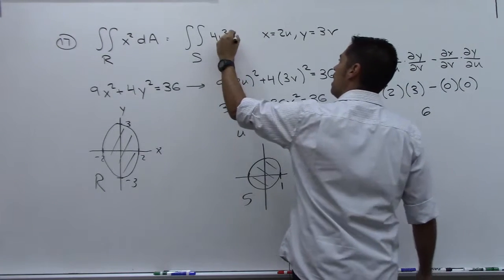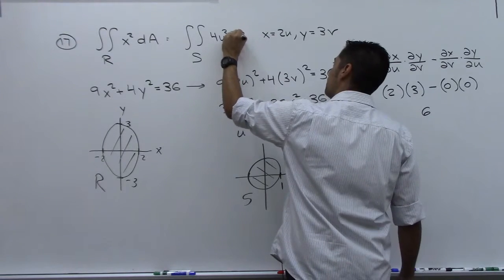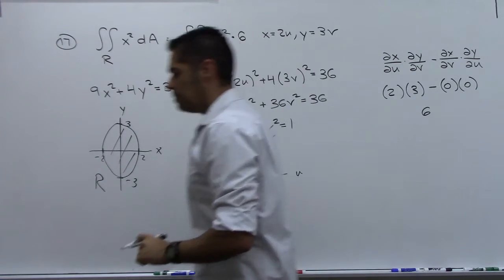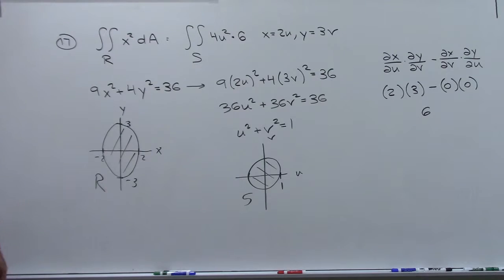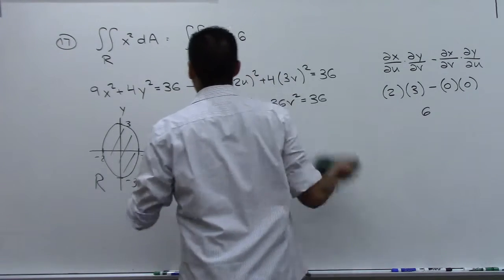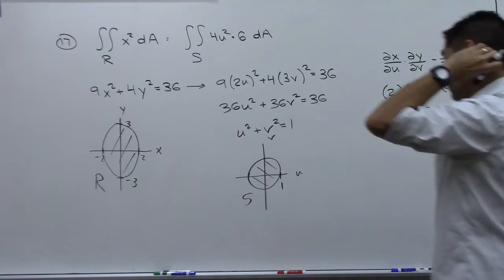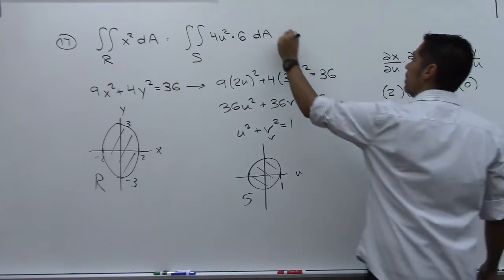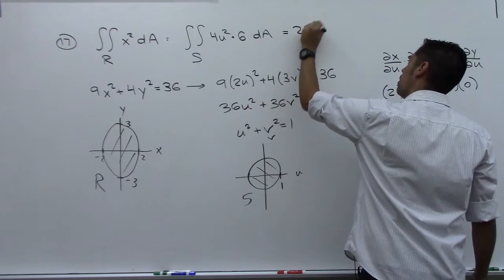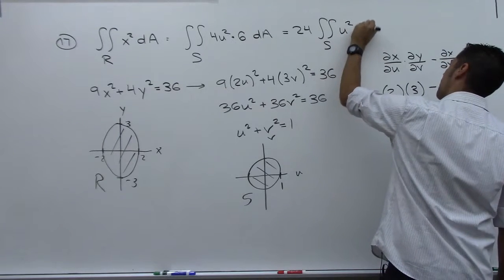I have to say times 6, right? That's my Jacobian determinant, with respect to the new area. So I can clean that up a little bit. I can say that's 24 double integral over S of u squared dA.